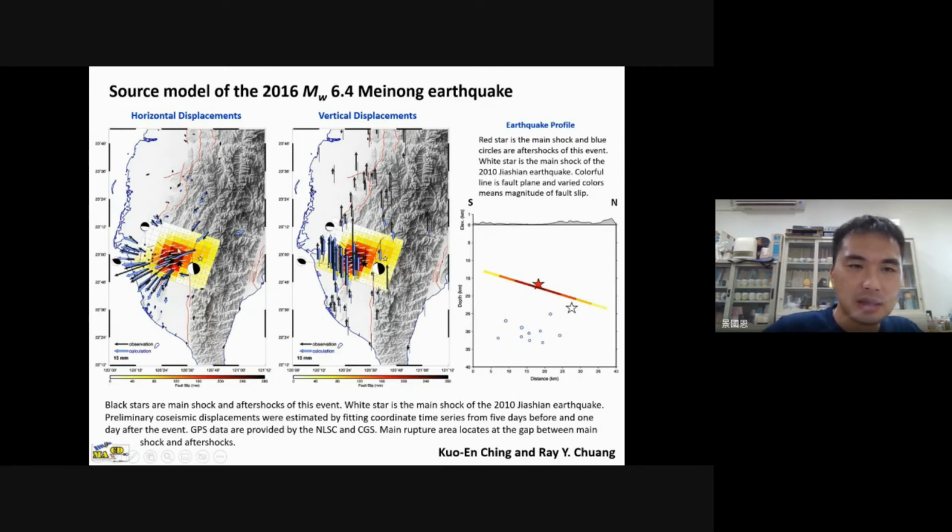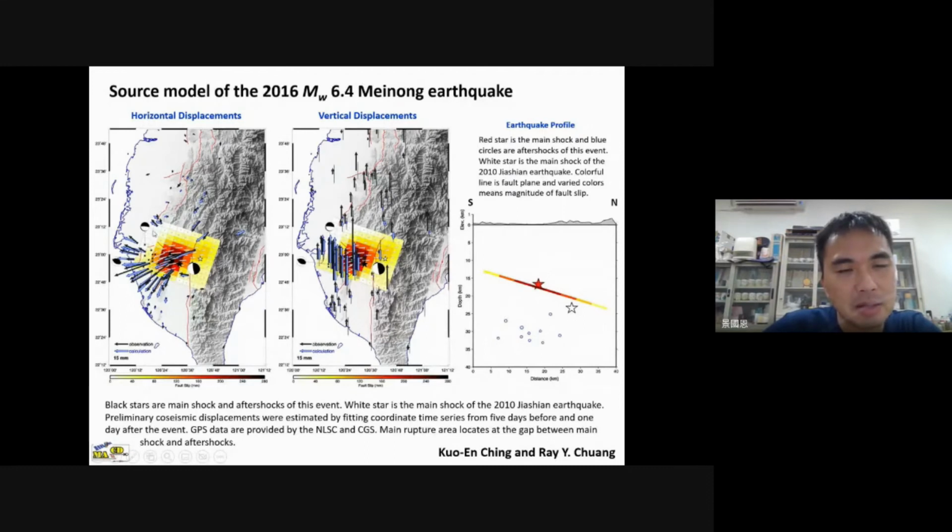The warm color shows the slip distribution on the fault, and the arrows are the surface displacement.